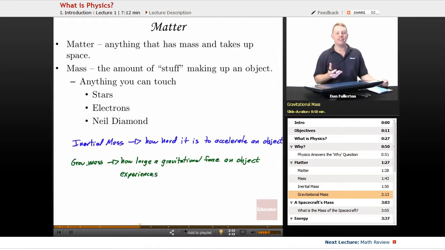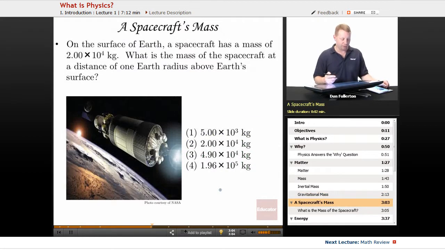So although they're actually different things, anytime we've ever tried to measure both of these for a single object, they always come out to be exactly the same, which is awfully convenient. Inertial mass and gravitational mass are used in different lenses of looking at a problem, but they're always exactly the same.